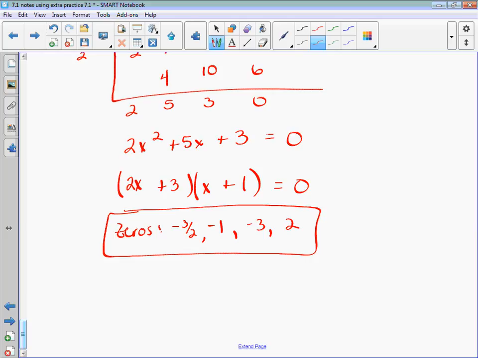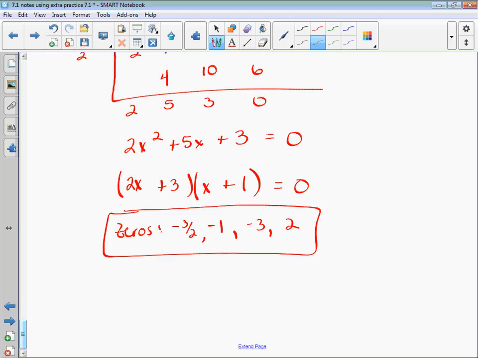Guys, what if you had gotten here and it doesn't factor? What'd you think here? Yeah, you could do quadratic formula. What else do you know how to do that you don't like, but you could do? You'd have to move the 3 and divide by 2.